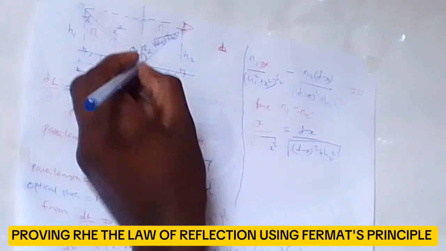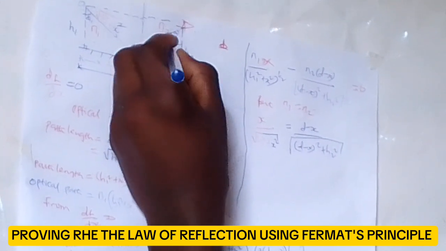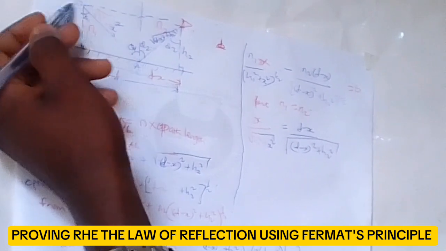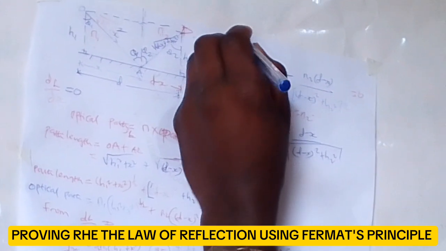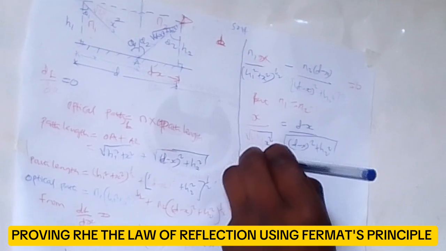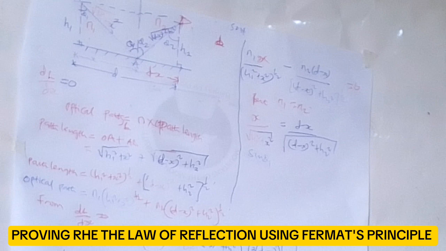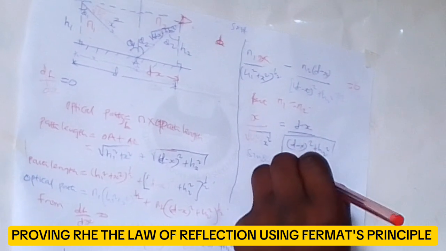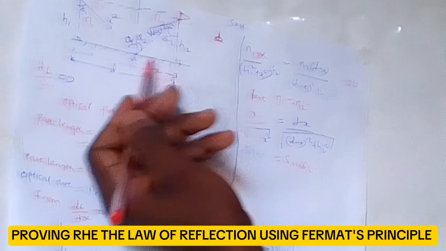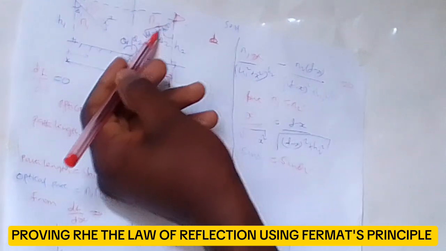Angle properties, also this is theta 2. So this is opposite and this is hypotenuse. You know that sine is opposite over hypotenuse. So this is sine theta 1, and this one is sine theta 2.